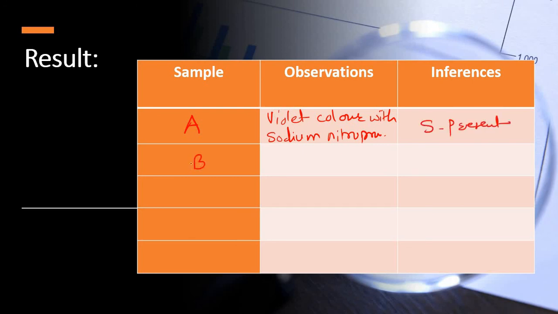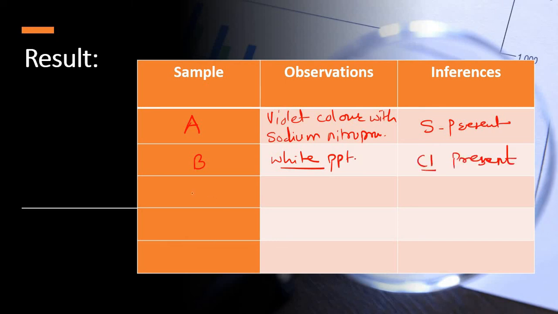Similarly, if sample B is given, the observation for this sample after preparing its extract is that if you add silver nitrate solution and nitric acid, it forms a white precipitate, then there is a presence of chlorine.